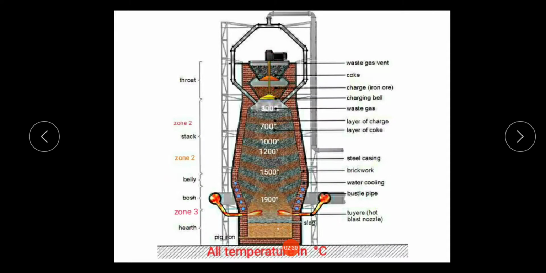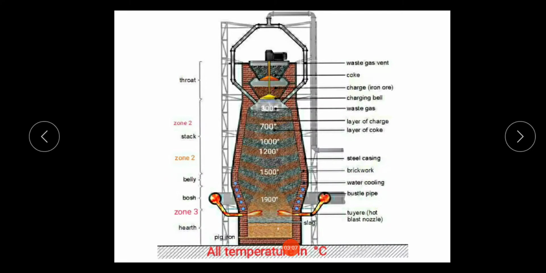The charging bell has a conical shape, and due to the motion of the conical bell, the agglomerated ore and coke is charged in the blast furnace, and the arrangement of the charge is as: this is the coke, this is the agglomerated ore, this is the coke, and this is the agglomerated ore.